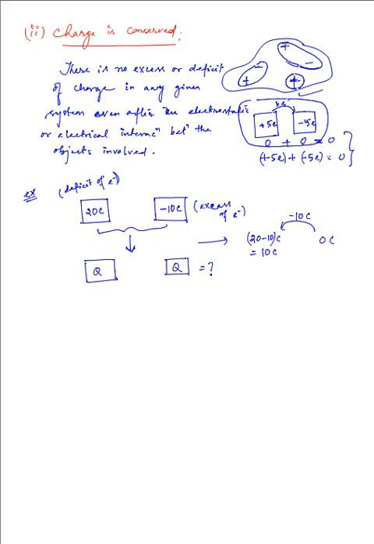Now, if we go by the case of transfer of electrons, there is still an excess of electrons in this 0 coulomb, and there is still a deficit of electrons in this 10 coulomb, because 10 coulomb is more positive than 0 coulomb. So that means still there is some interaction to be done in order to get the balance right.